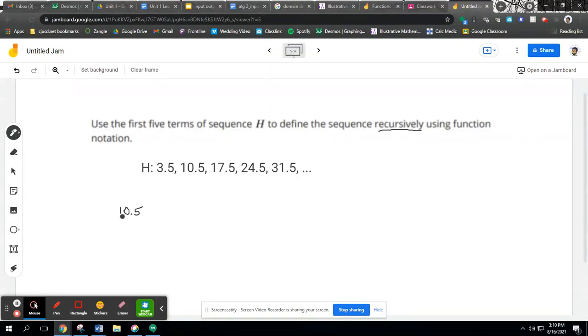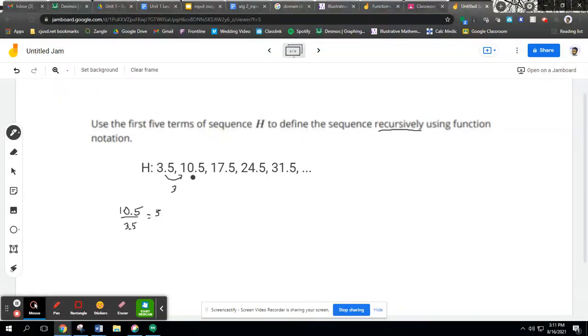So 10.5 divided by 3.5, and I could see if I have a common constant growth factor here. If you did that with a calculator, you'd get 3. Okay, so that means that if I multiply 3.5 times 3, it gets me to 10.5.